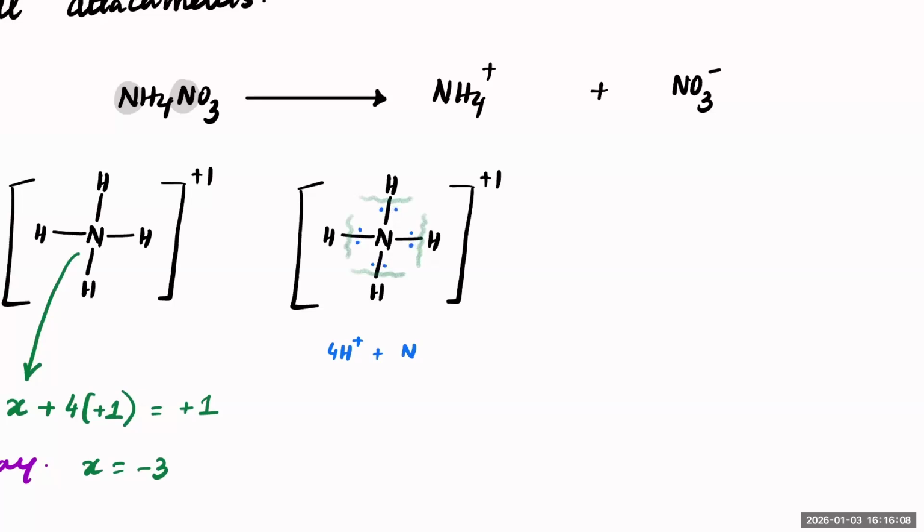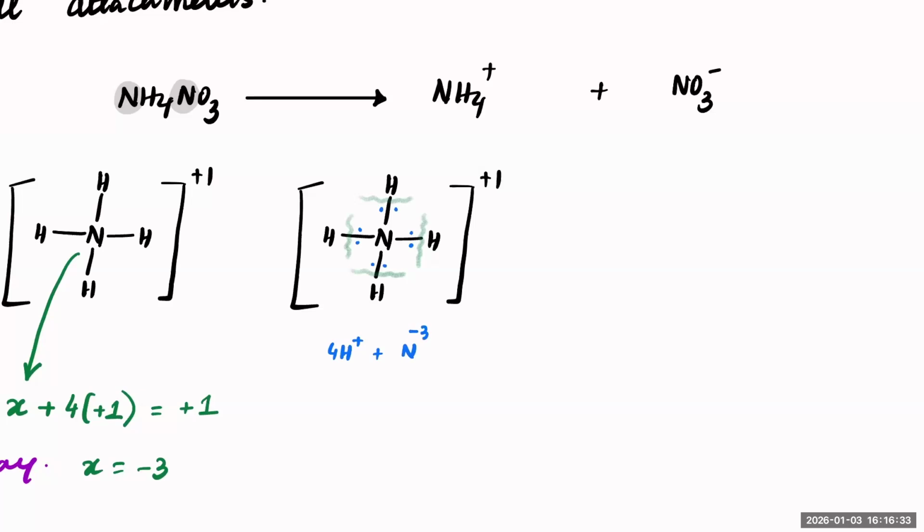isn't it? So originally it is supposed to have five electrons in the valence shell, but now it has eight electrons in the valence shell. And that has been included based on this +1 charge. That's why we can say nitrogen has three extra electrons overall from the electrons point of view.